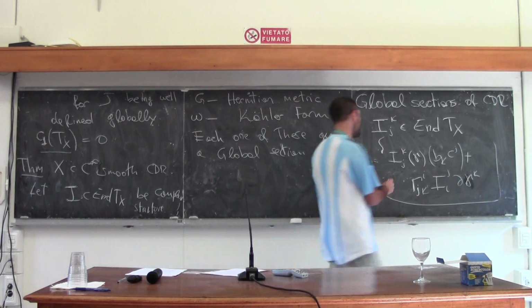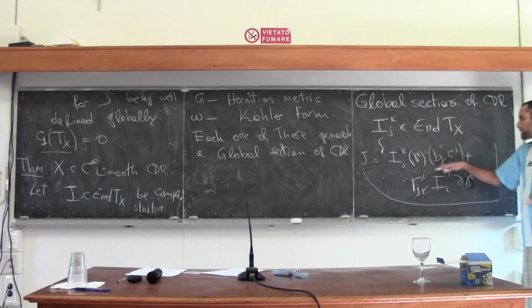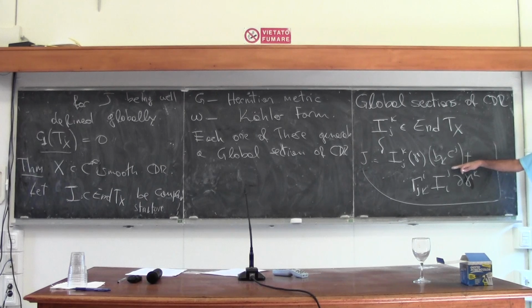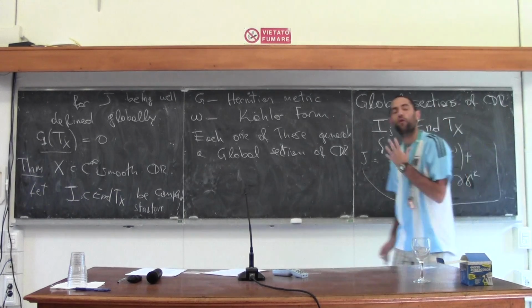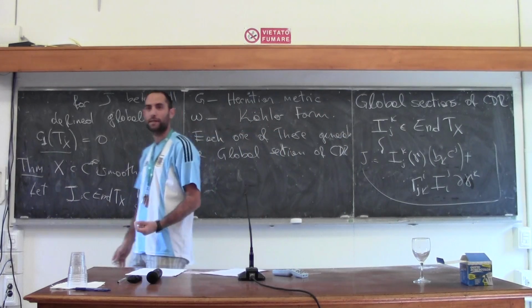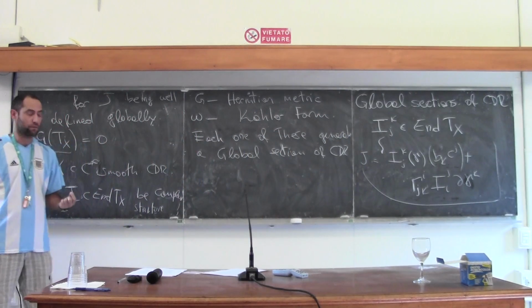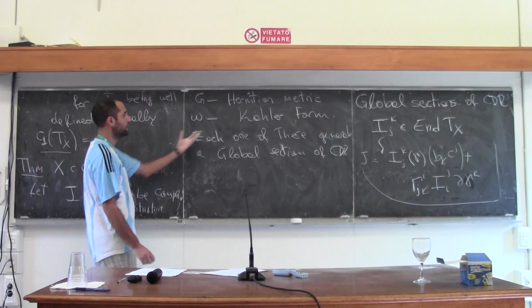You start with the obvious tensor that you would put, because you have local tensors, and then you correct them enough so that you can glue this in patches. And you can do this for any tensor on your manifold, as long as the tensor is holonomy invariant. This is going to be the statement.